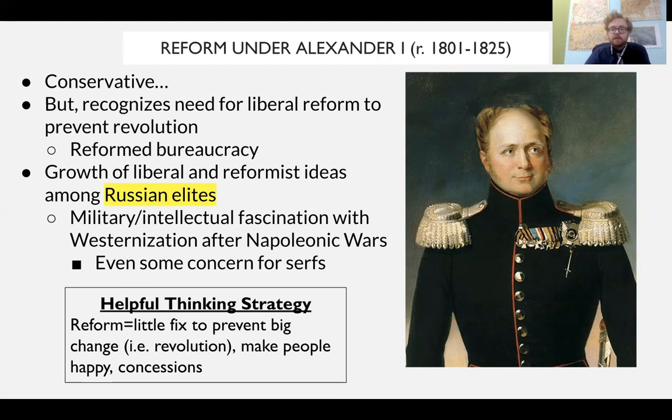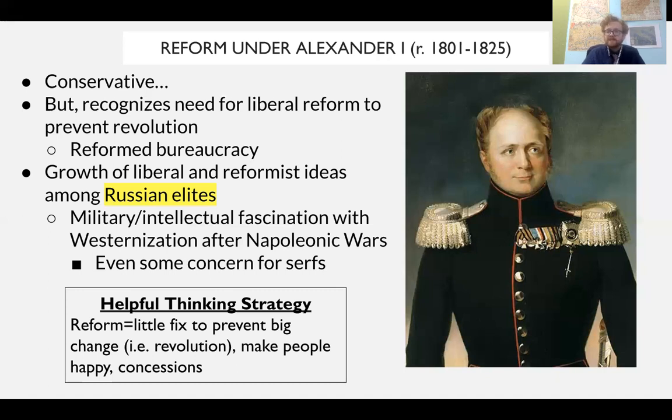So among Russian elites, especially this emerging middle class, or this lower nobility as well, we see an increased interest in westernization, in adopting more modern ideas of culture and technology. It's seen as fashionable to be like the other Europeans, to speak French, for example. So there is going to be a growing liberal-minded reform movement in Russia. And all of this is encouraged by Alexander I.